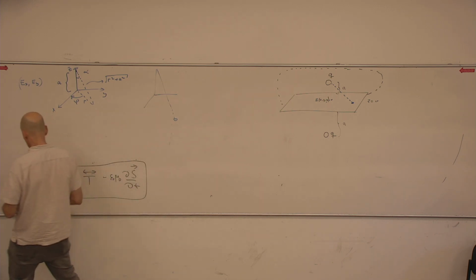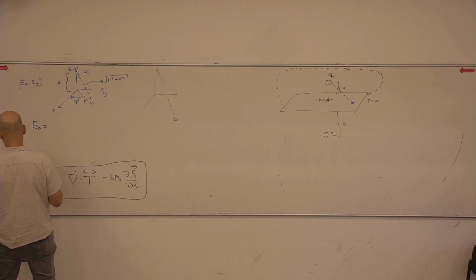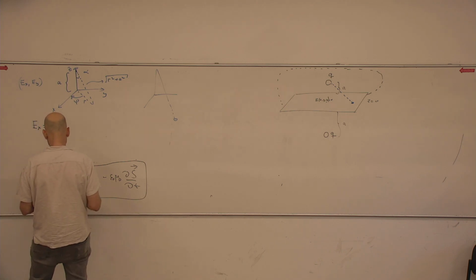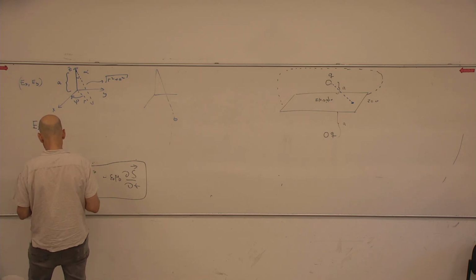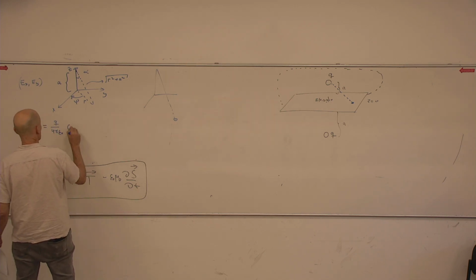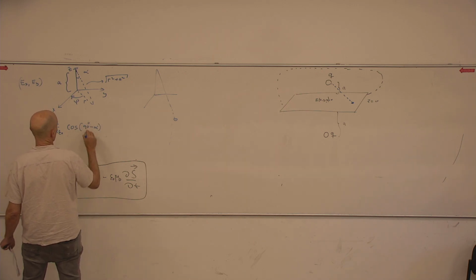So what is Ex, for example? Ex, and similarly for Ey, is q over 4 pi epsilon 0, times cosine of 90 minus alpha.